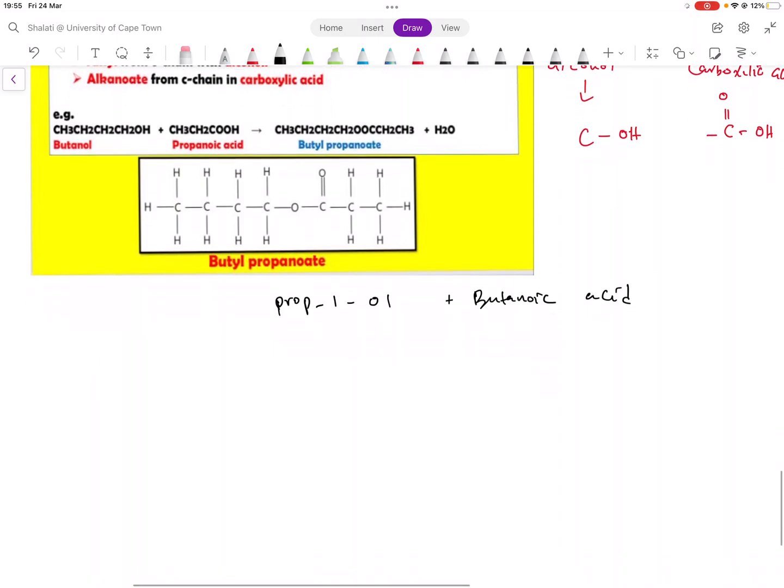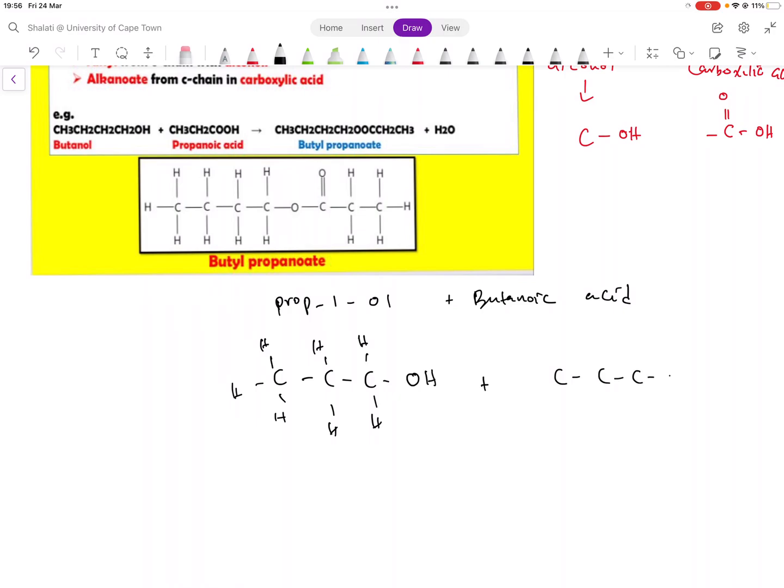So this is what we have. Prop for 3 carbons, so we have an OH, and then we're going to have 7 hydrogens. So butanoic acid, we have 4 carbons.